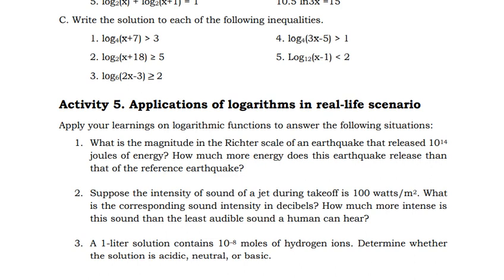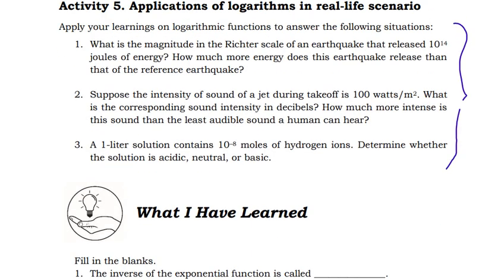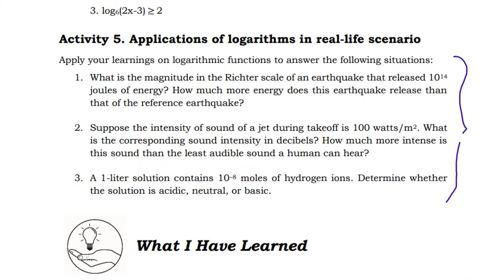I know there is an answer key in the last part because we provided it as an assessment, but what you need to do is present your solution. Please present your solution. And if time permits, I can give you your quiz.